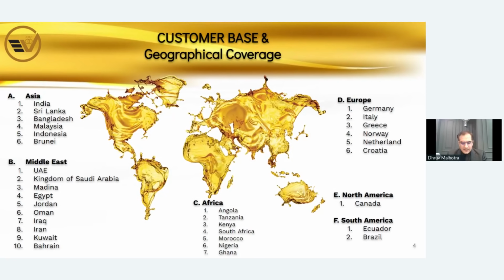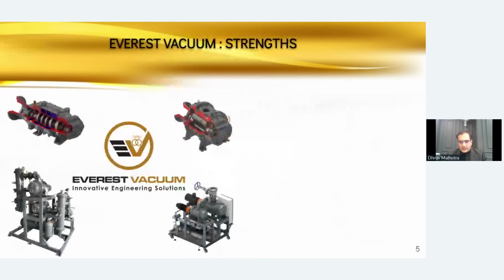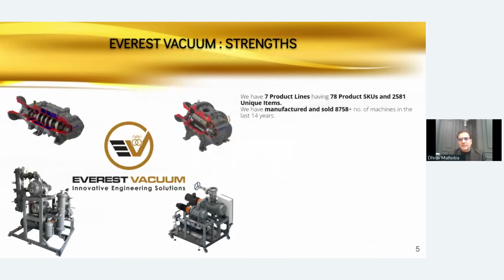Coming to the next slide, the strengths of Everest Vacuum. Everest Vacuum has 7 product lines, and in total we have 78 product SKUs and 2,581 unique items. We have manufactured and sold more than 8,758 machines in the last 14 years.